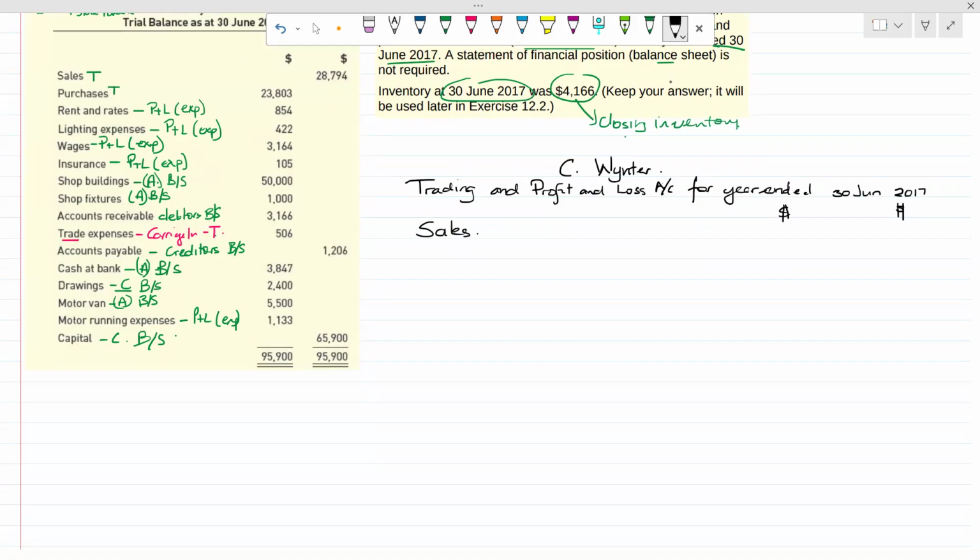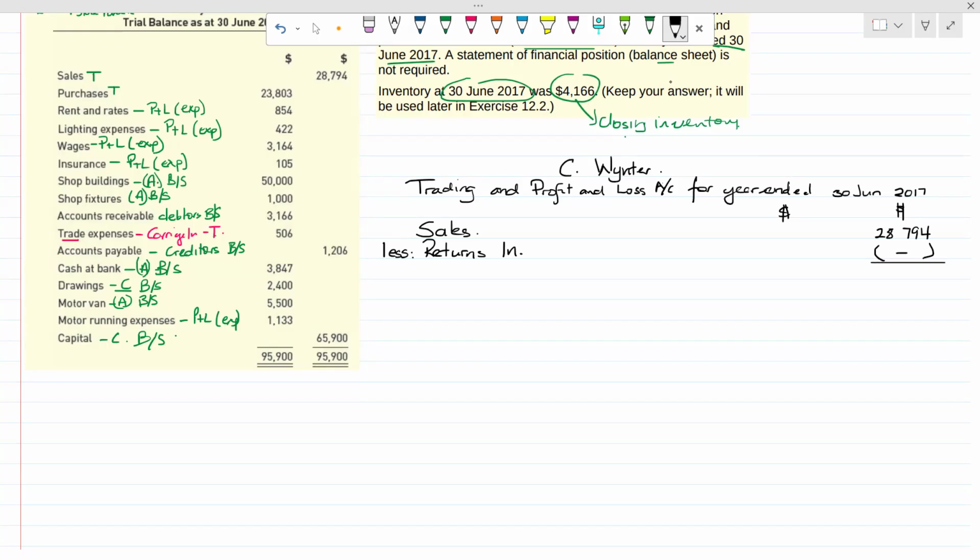There's no adjustments to make to our sales, meaning that there was no returns. Nobody brought goods back to us. Usually, if there is return inwards, we need to deduct that from the sales figure, right? And we usually indicate deduction by using brackets.